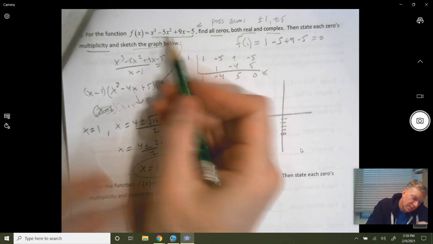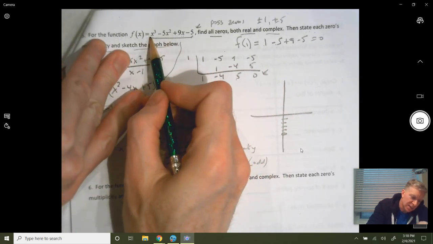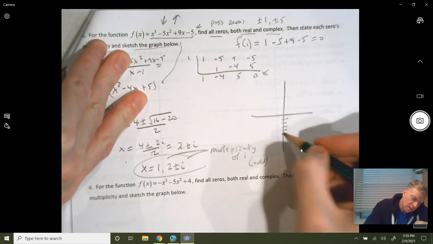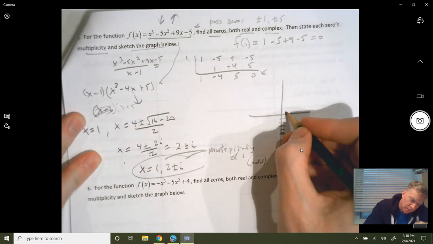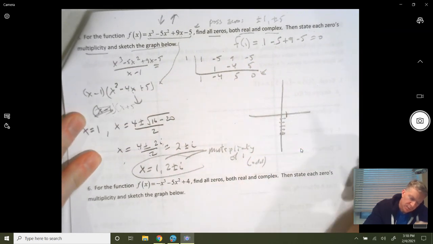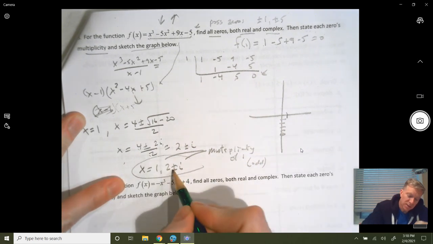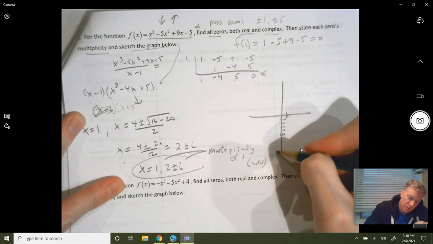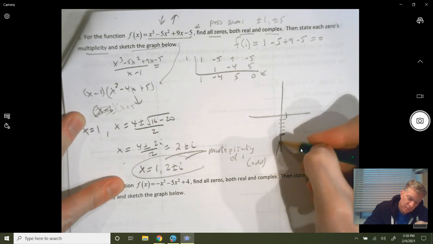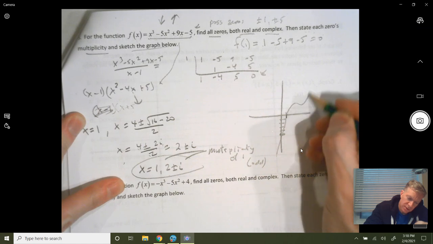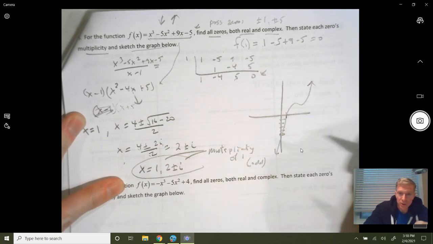My end behavior, positive coefficient, odd degree, down on the left, up on the right. And I've got 1 over here with a multiplicity of 1. Okay, so this is goofy. We don't quite know where this is going to happen, but this might have some goofy something happen over here. Might have a couple of bumps looking like that. Okay, we don't quite know.